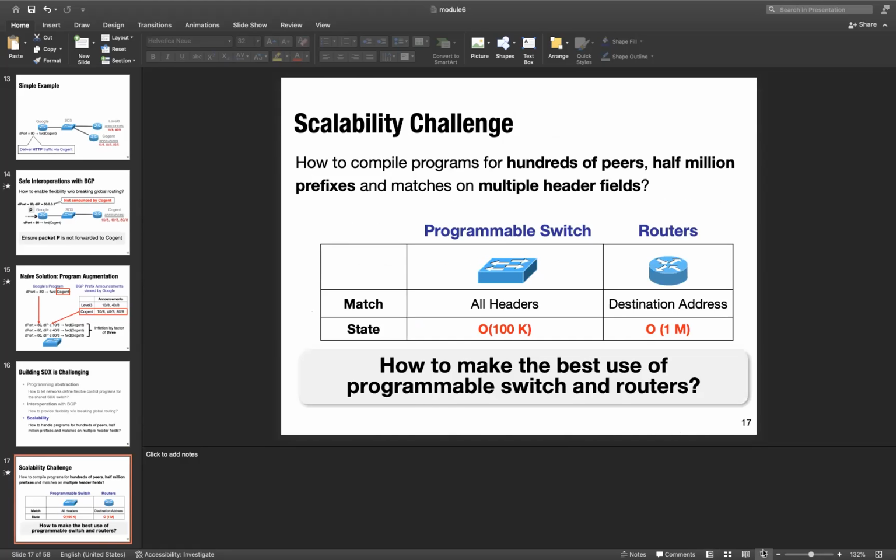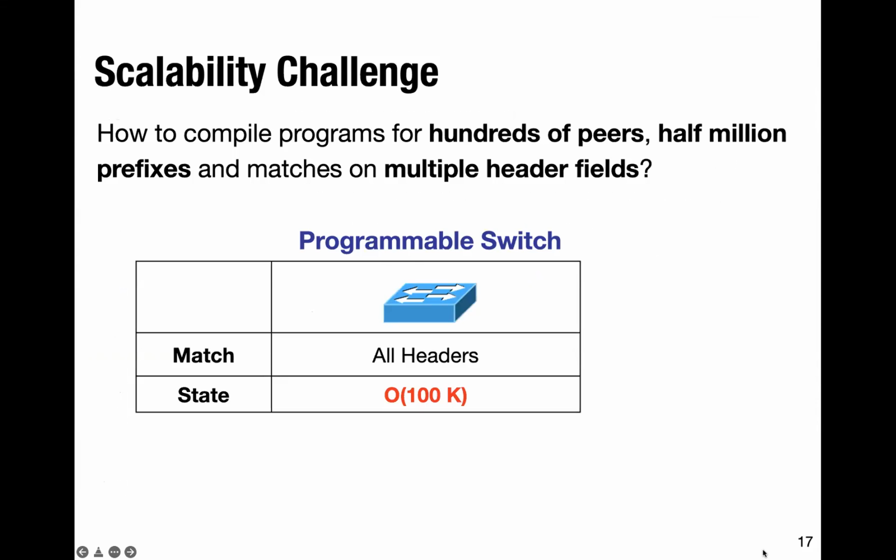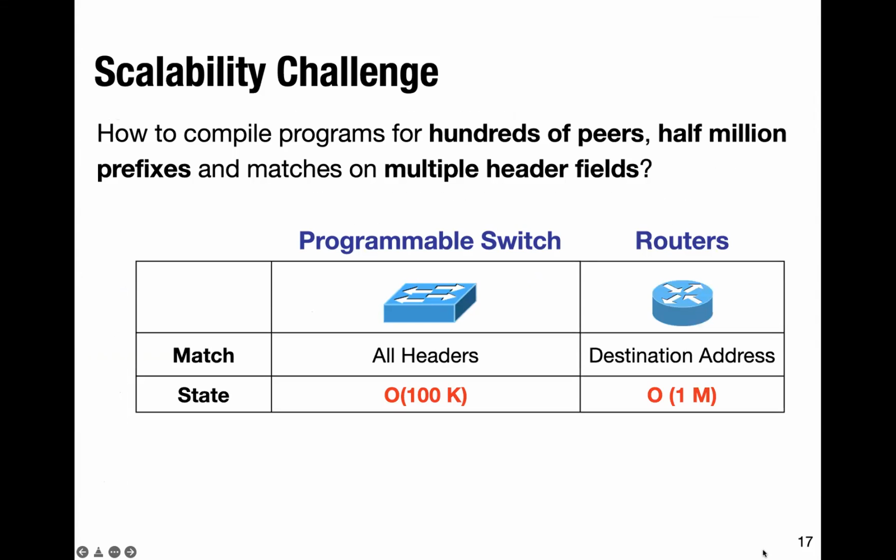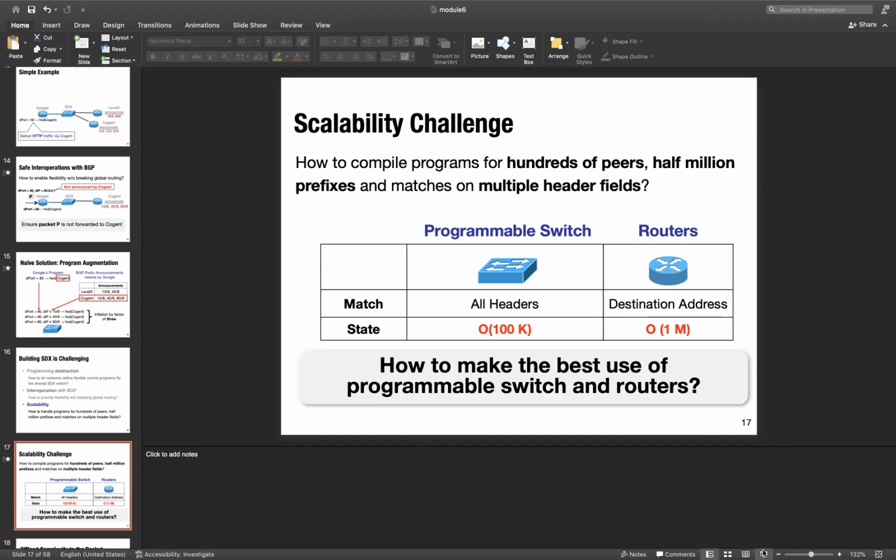Now, let's try to understand and visualize this. We have 2 different types of devices at the SDX. One is the programmable switch that we are placing by replacing the old layer 2 fabric of the exchange point. We also have the routers of all the participants.